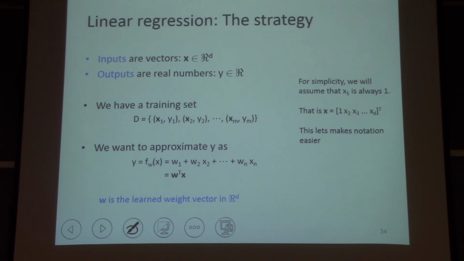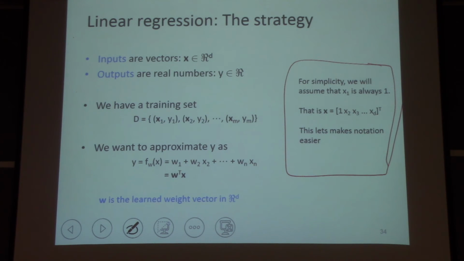And our job is to use this labeled training set to find a function f, which is simply a linear function of the inputs. And just reminding you that there's one feature which will always be 1, the bias feature. So our job is just to find this weight vector w.